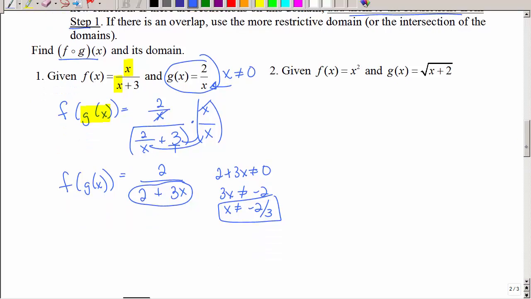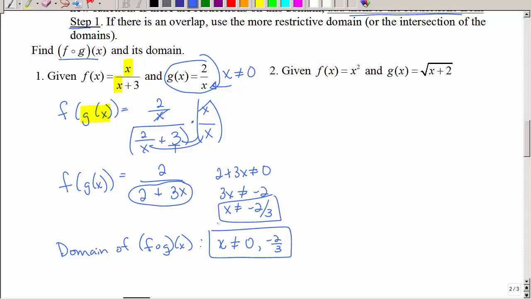So the whole domain of f of g of x is x cannot be 0 and cannot be negative 2/3. That is one way to write that answer. You can write it in interval notation, but that's just fine. That says it's all real numbers except 0 and negative 2/3.